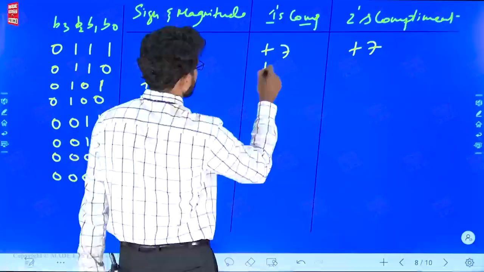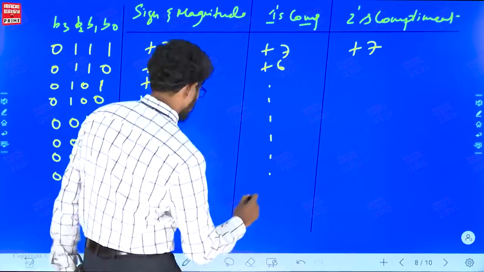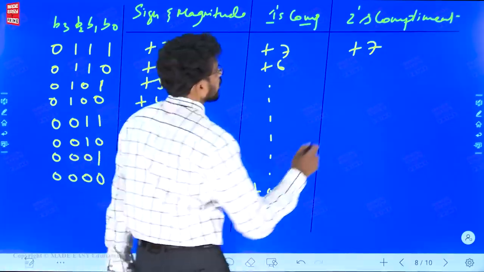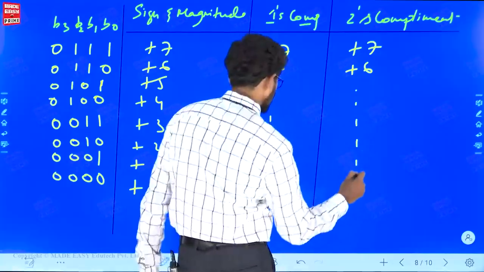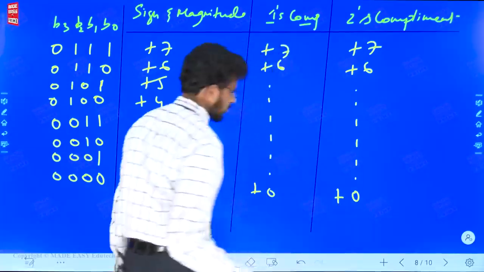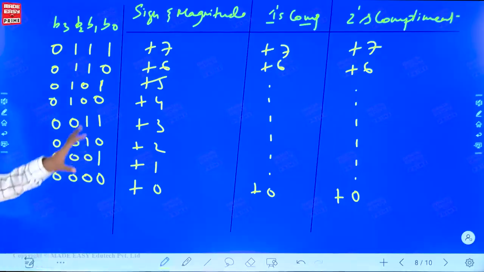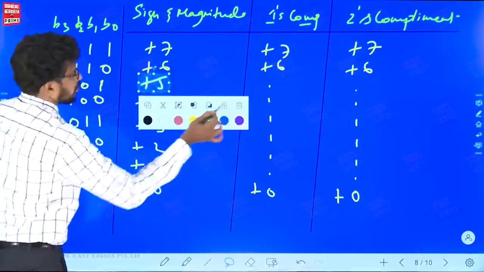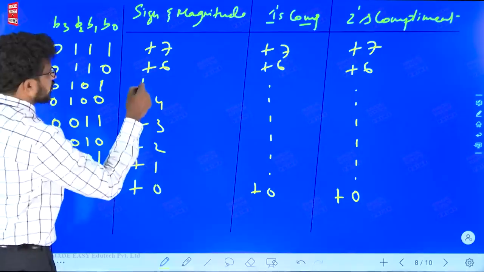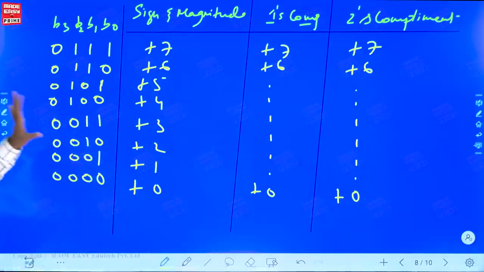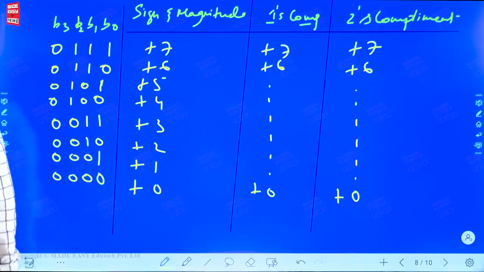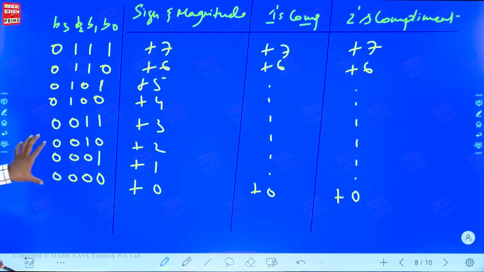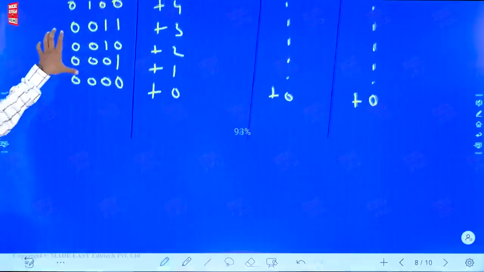In all the 3 cases, you can observe that with respect to positive values, there is no change. All are the same. But with respect to negative values, the point has to be discussed.